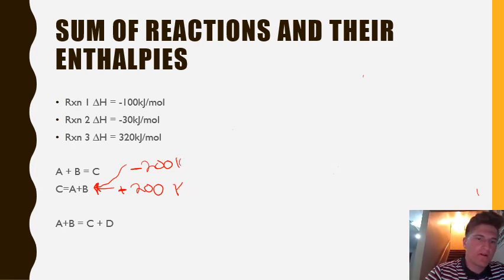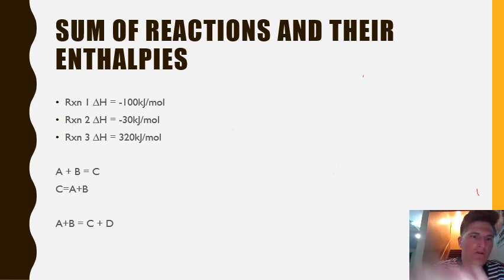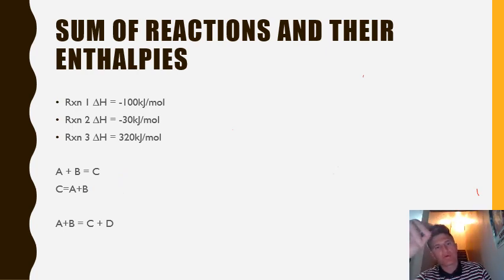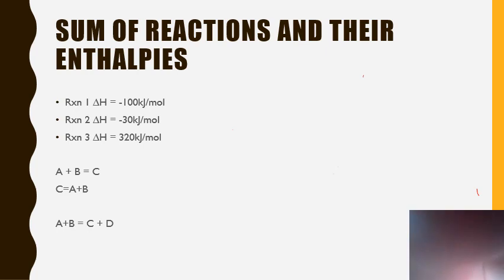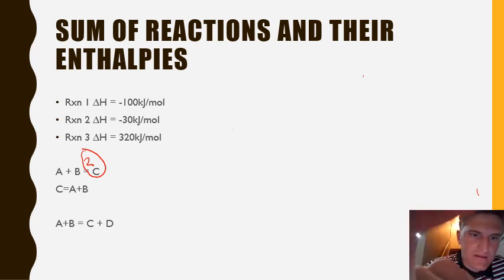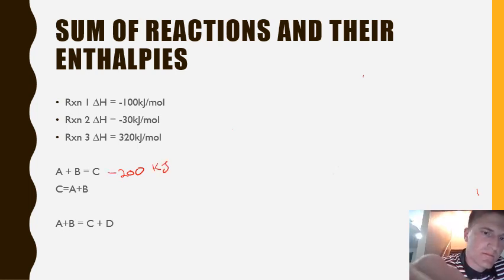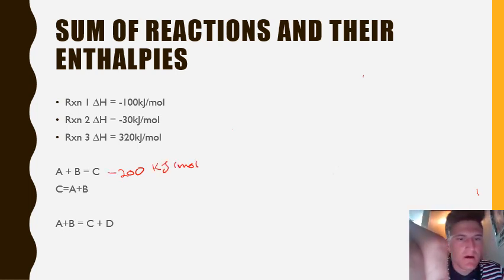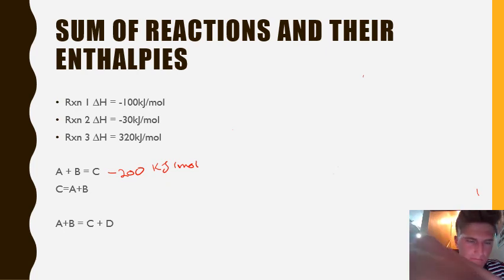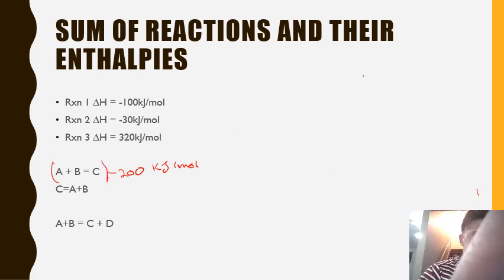Another thought when looking at these reactions, you can also add more than one reaction together. Let's say that there were 2 C's here, and that once again this released 200 kilojoules per mole. And let's say that this ran 2 times.